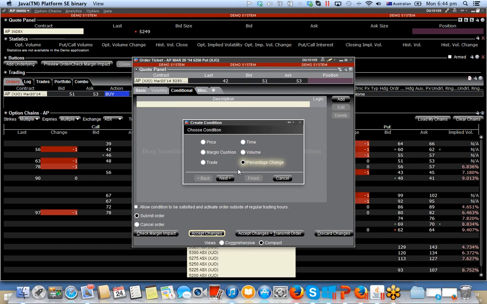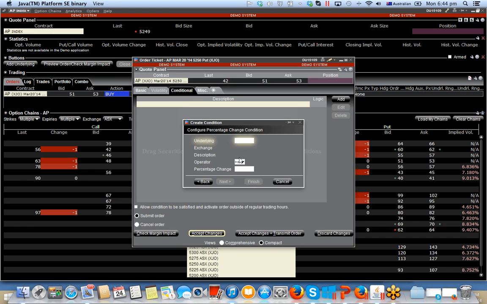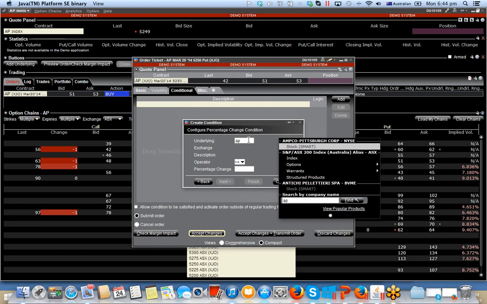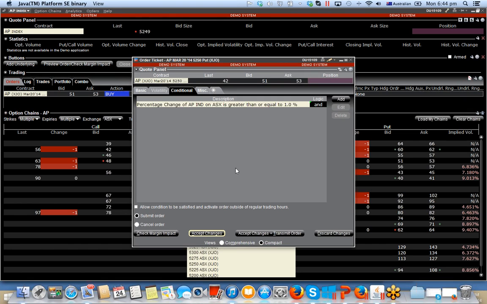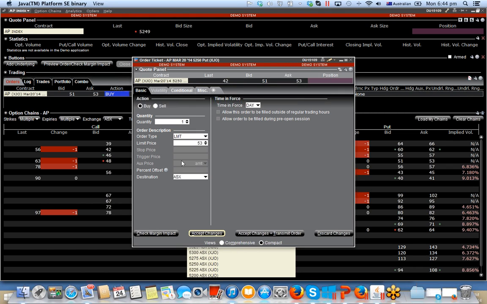So what we can do, we can just again see AP, and then we go with indices, and then if operator, if it's greater percentage change than say 1%, then condition is met, and then you can create a put based on this condition with limit price, etc.